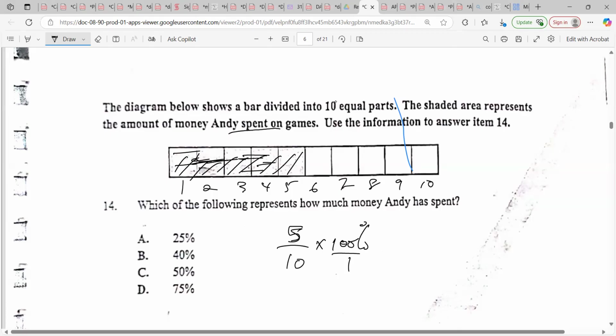You're going to simplify the 10 and the 100 by 10, and then the 10 into 100 goes 10 times. Then you multiply 5 times 10, which gives you 50.